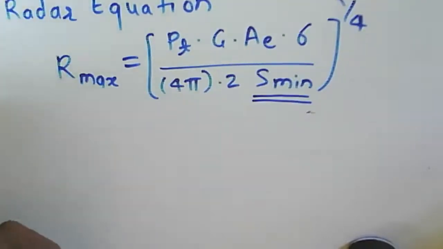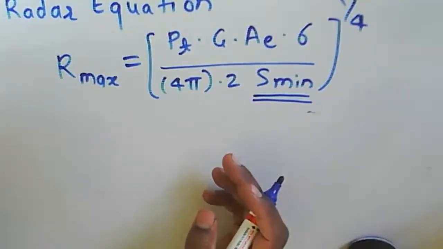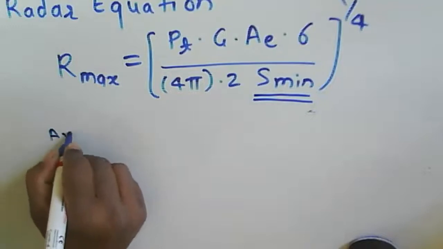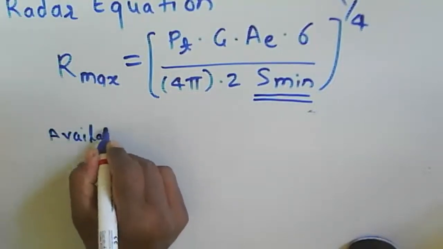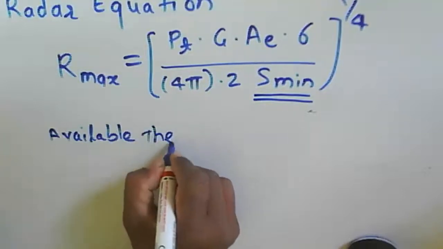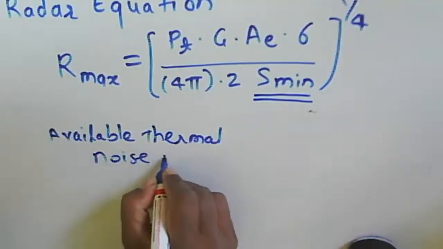To modify this equation, what will be the available thermal noise power? We need to find out the available thermal noise power.